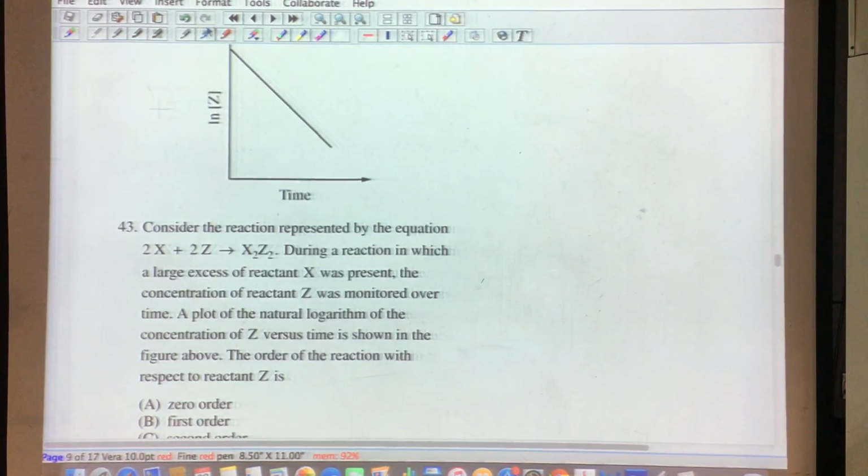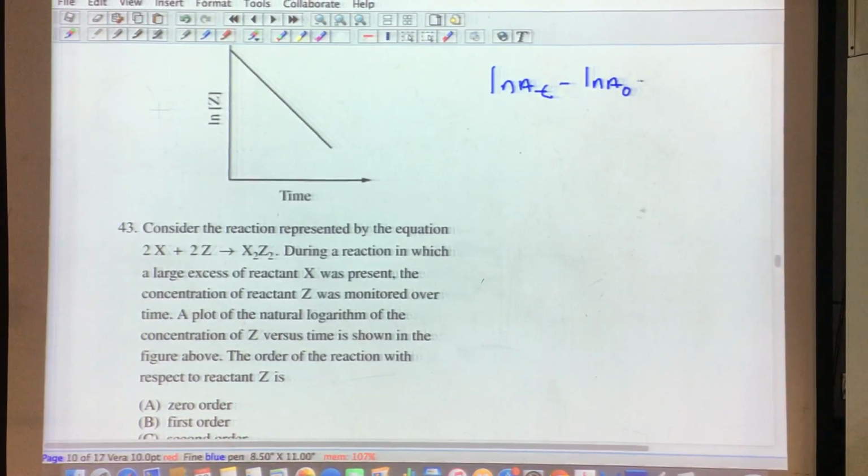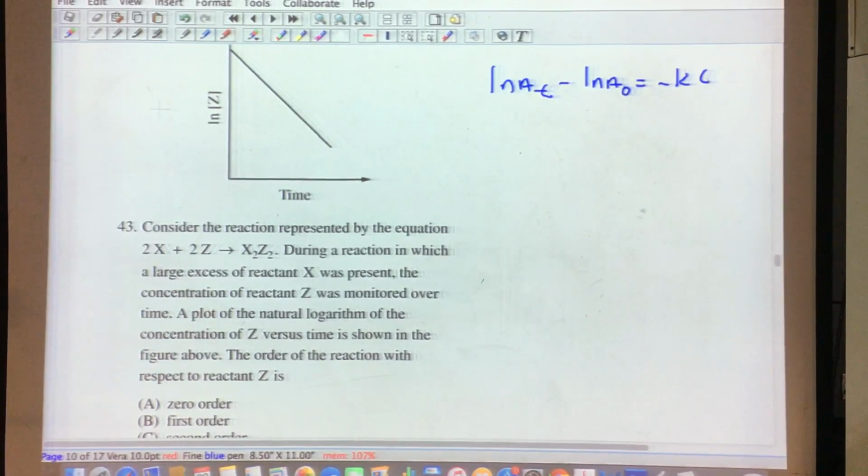In the reference table, they give you two formulas that are integrated formulas.